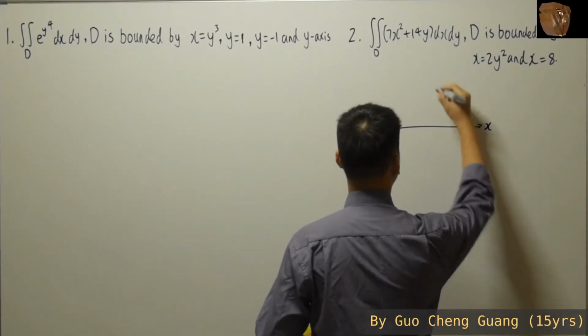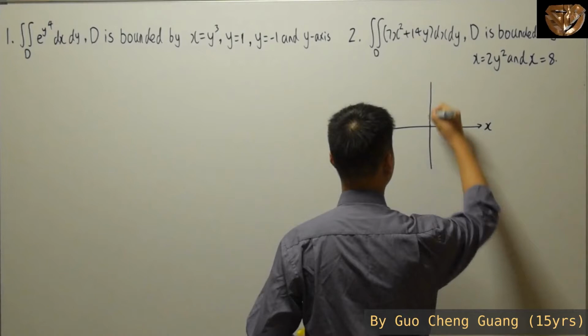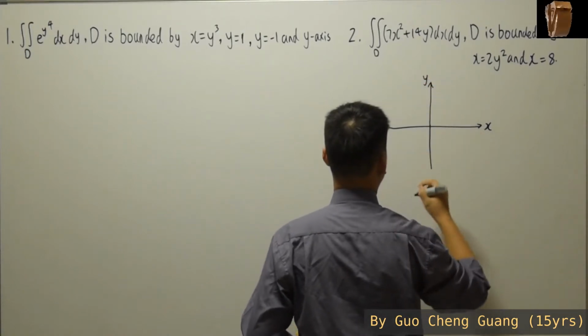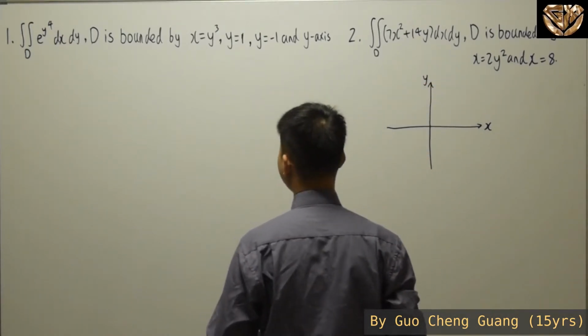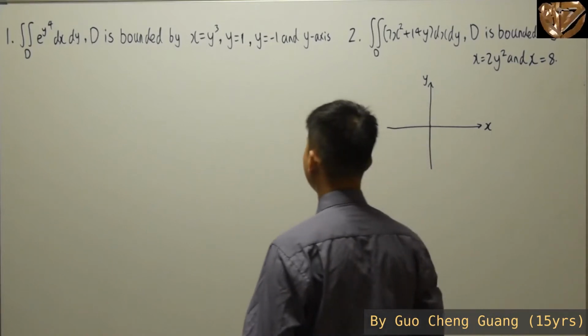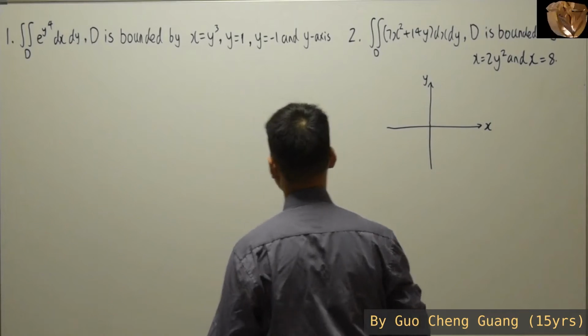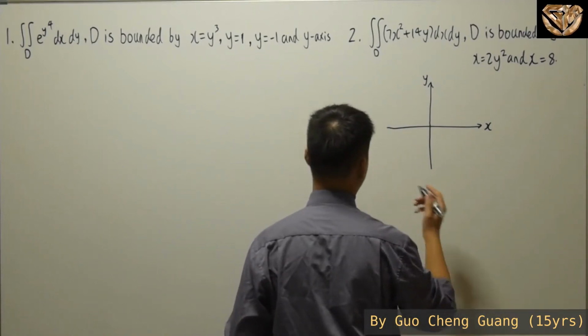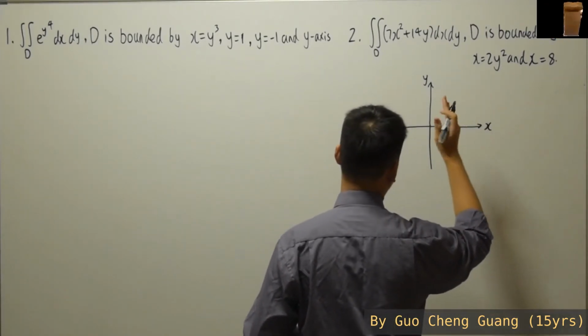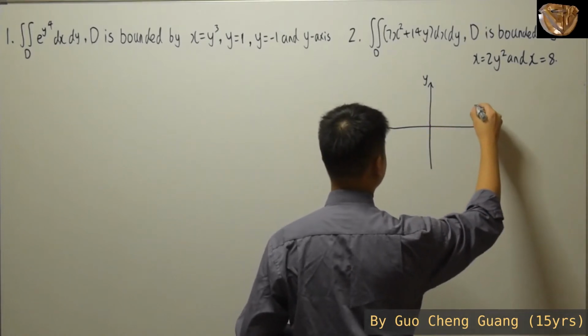So, starting off with the boundaries. We have an x-axis, a y-axis. Now, the x is equal to y cubed graph. You might already know what y is equal to x cubed looks like. So, x is equal to y cubed will just be that, but reflected about x equals y.